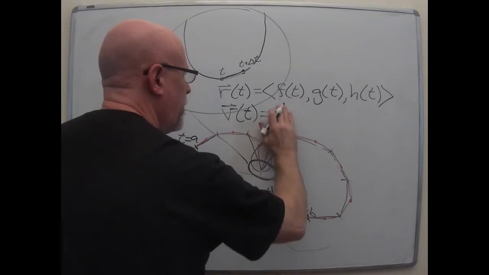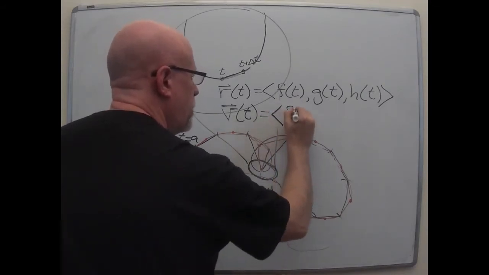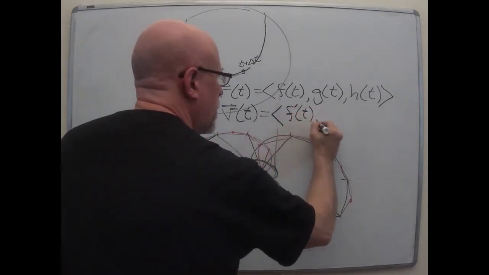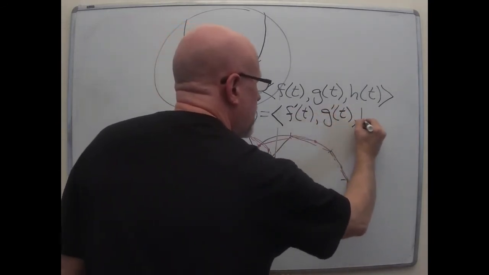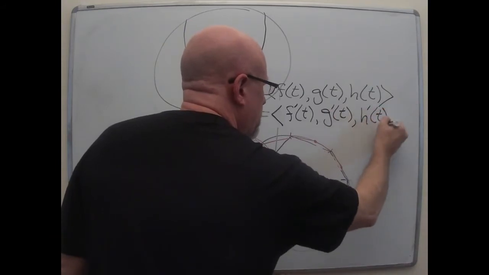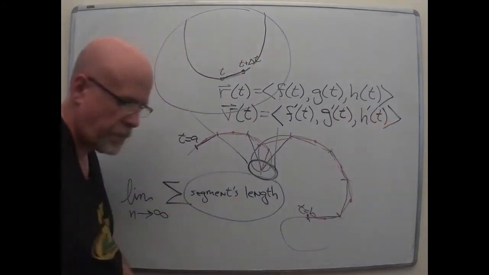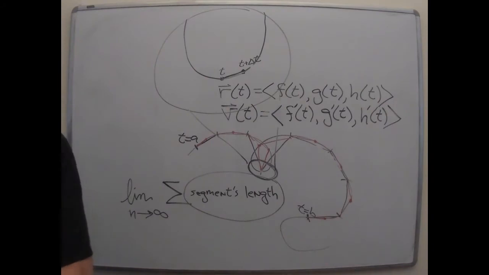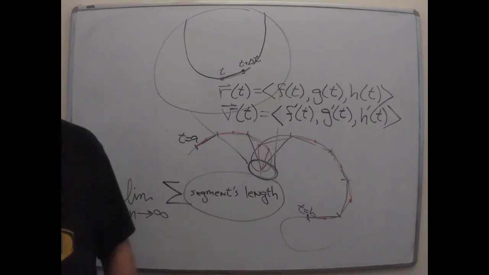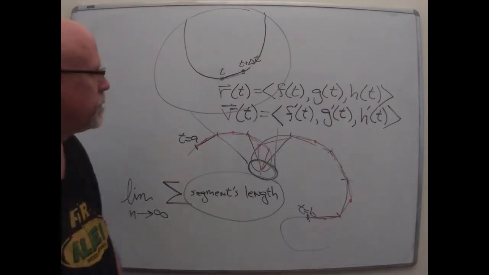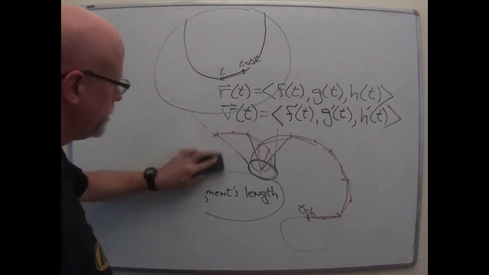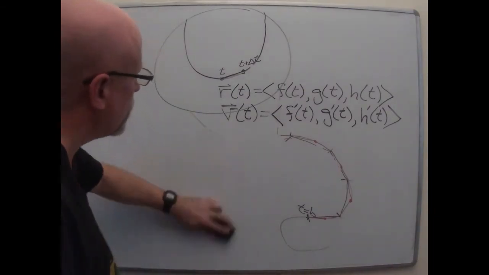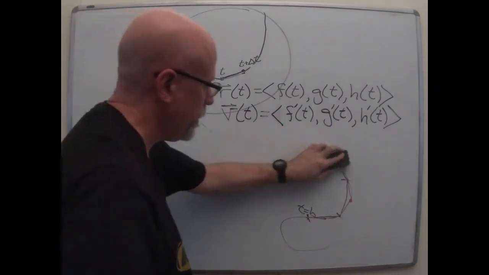So it should start with a brace. It's brace f prime of t, comma g prime of t, and h prime of t. I think I can take away the original drawing and we're just looking at the blown up version of it now.